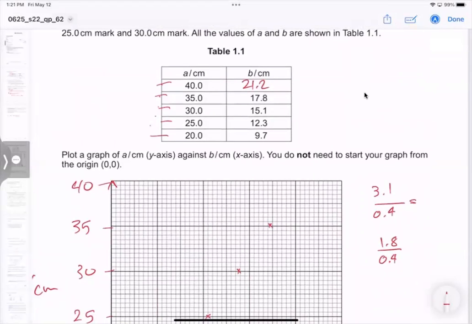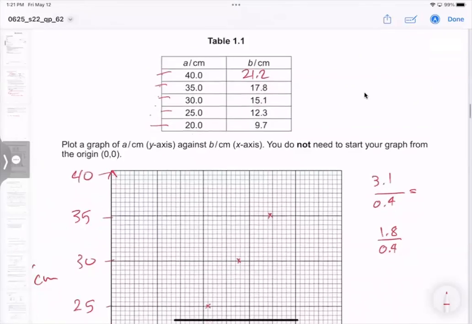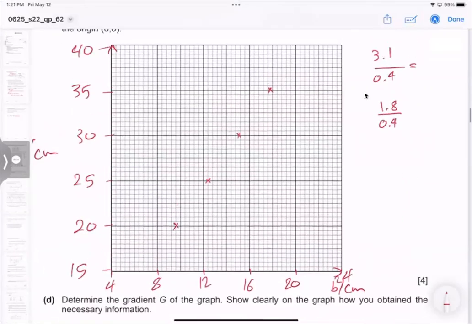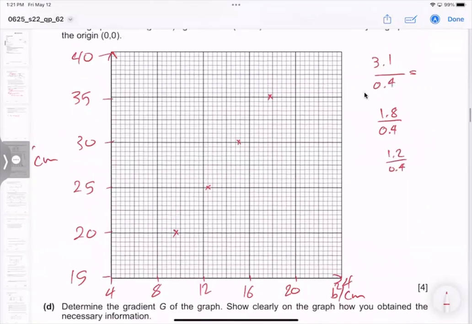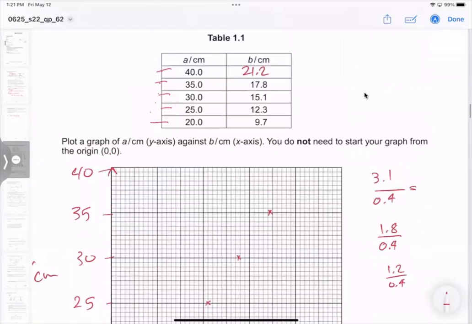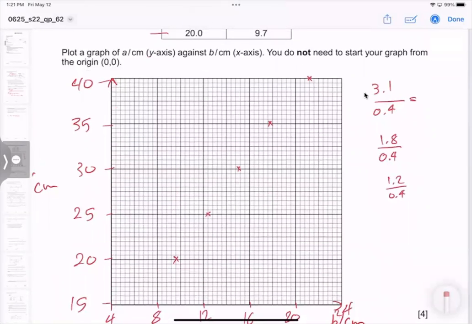So it's here. And then 21.2. We have 20, so 1.2 over 0.4 is like 3 divisions. So at 43, 1, 2, 3. Exactly. Here are the dots from the graph.